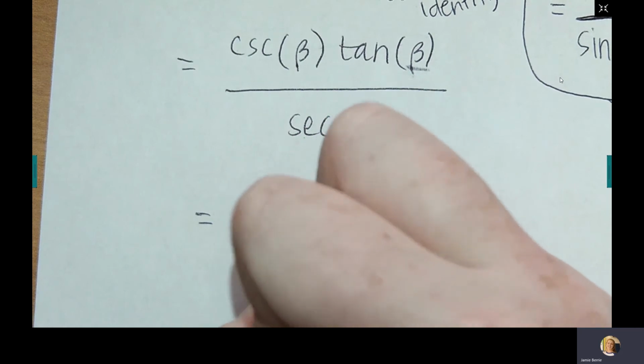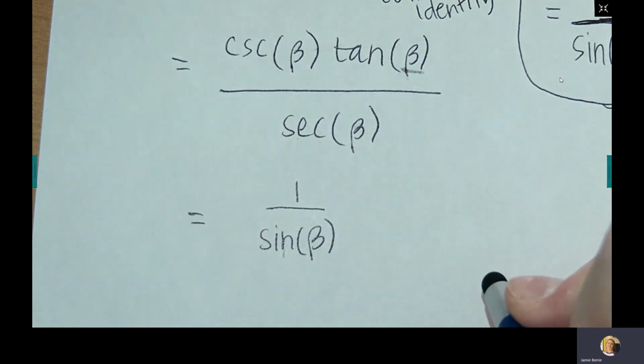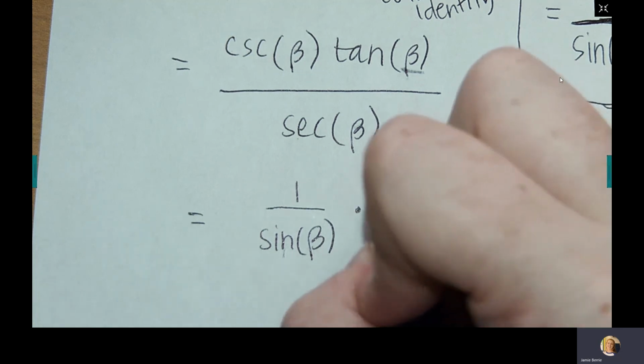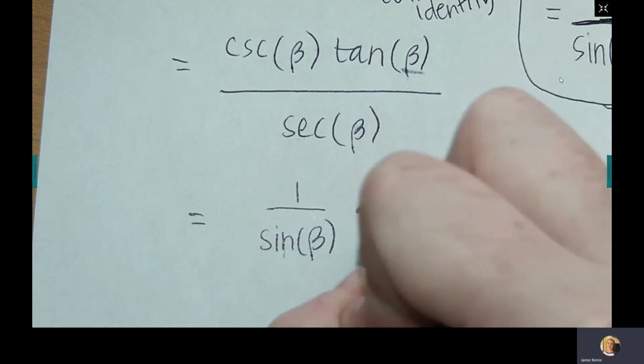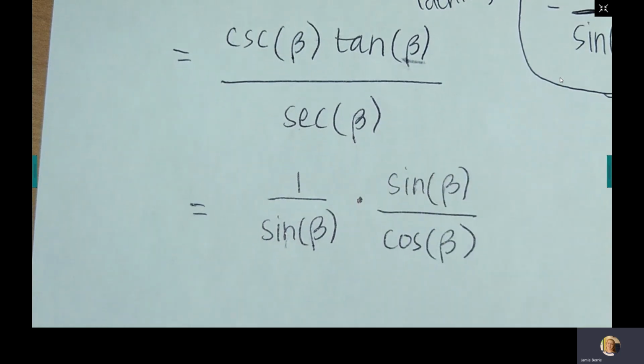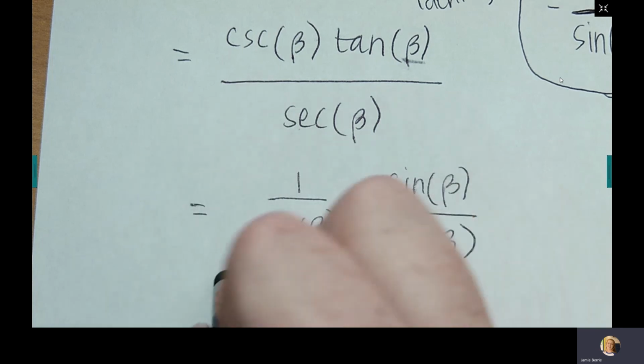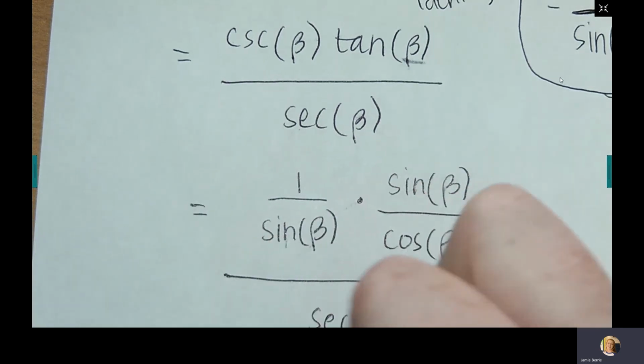Cosecant is 1 over sine, so that's 1 over sine beta. Make sure you don't lose your angles. And then I'm going to do a times. Tangent beta is sine beta over cosine beta. This is nice for us because what's going to happen? The sines are going to cancel. Don't forget that this is all over secant beta.